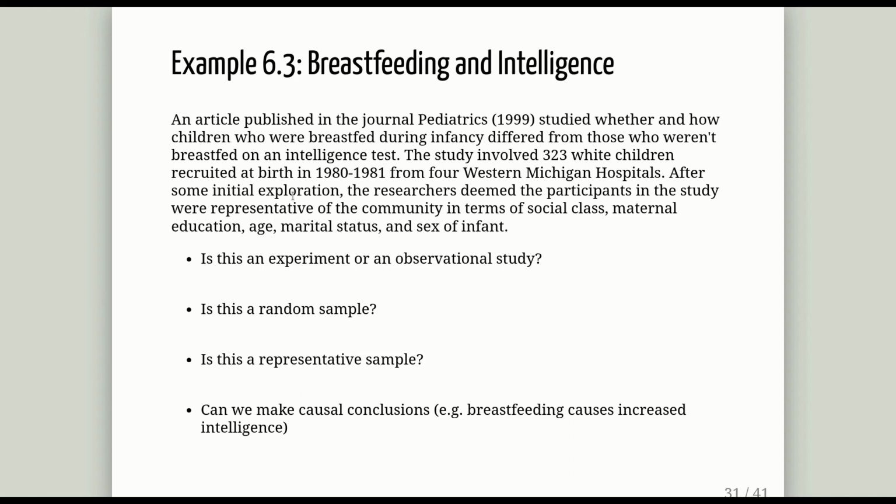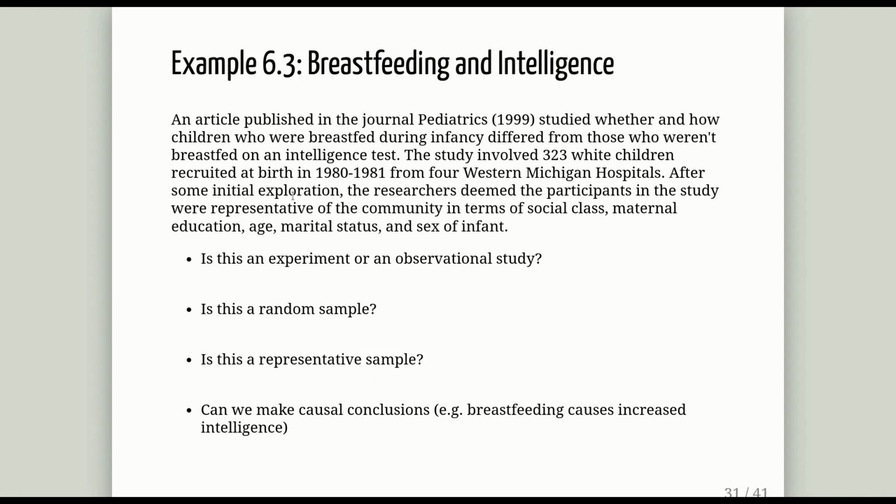In this particular study that was published in 1999, researchers recruited mother-infant pairs from hospitals in western Michigan, and I'm assuming due to the demographic limitations of relatively rural Michigan, the study involved only white infants and infants born in 1980 or 1981.